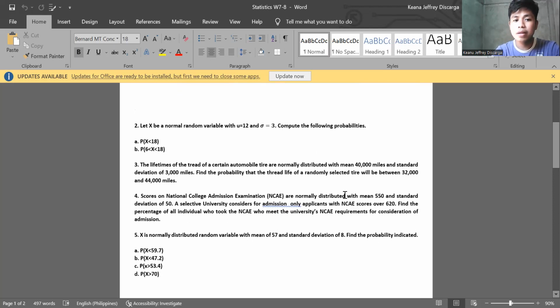Let x be a normal random variable with mean 12 and standard deviation 3. Compute the following probabilities. So, the probability that x is less than 18. Okay, so let me start.